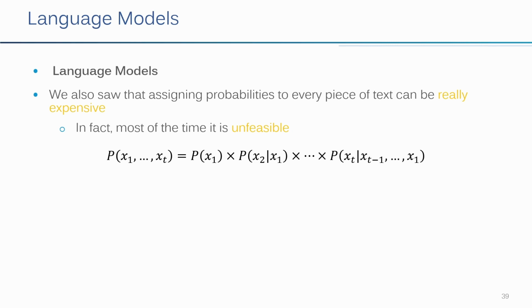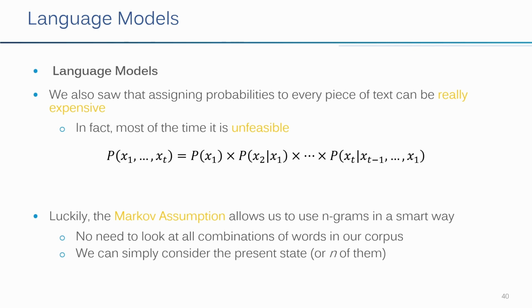Yes, so we saw that there is no need for us to take this into consideration, and we can use some assumptions for that. If you remember our lecture 3, if I'm not wrong, we talked about how it's not necessary to look at the entire past state that you have.